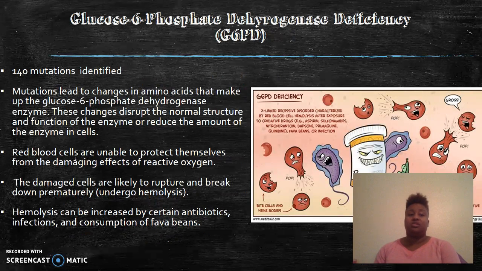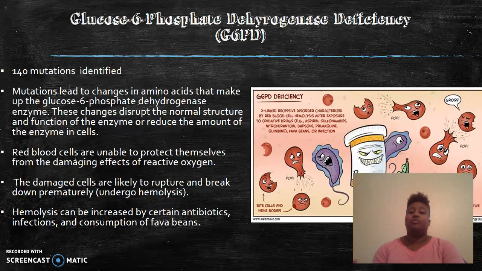So what is the deficiency? There are 140 mutations identified of the gene. These are changes in the amino acids that make up the glucose 6-phosphate dehydrogenase enzyme. These changes disrupt the normal structure and function of the enzyme and reduce the amount of enzyme in the cells.